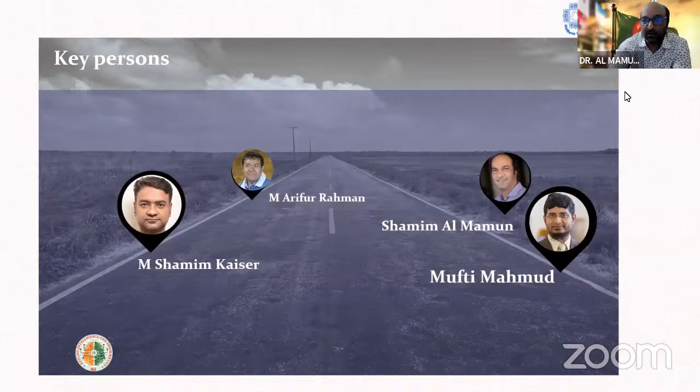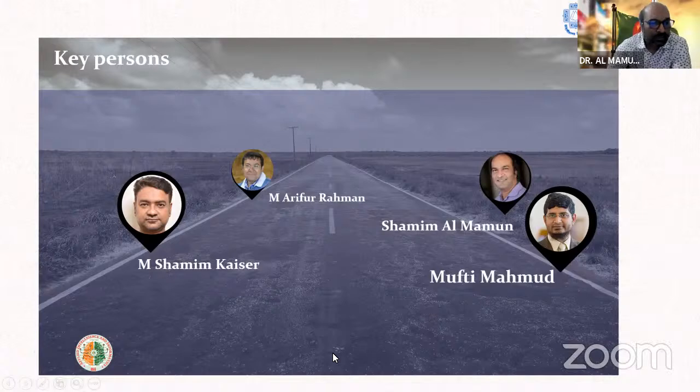These are our lab's key persons. Me and another person, Shamim Kaiser, from Jahangirnagar University, and Mufti Mahmud and Arifur Rahman from Nottingham Trent University. So it's a collaborative lab between Jahangirnagar University and Nottingham Trent University.